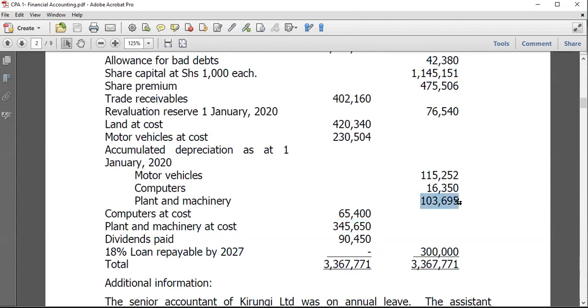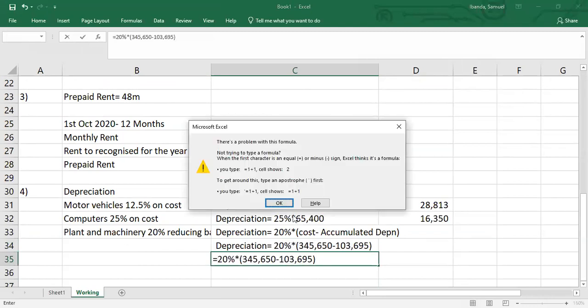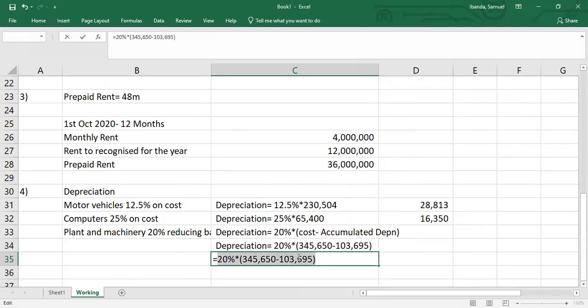Remember, this is the accumulated depreciation at the start of the year, because we're just calculating the depreciation for this period. So you take the accumulated depreciation at the start of the year, which gives you 20% of that. If I bring this into the formula, 20%.